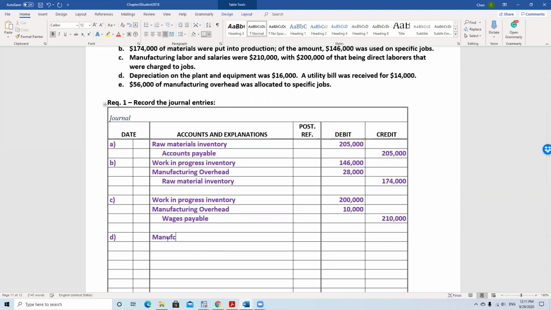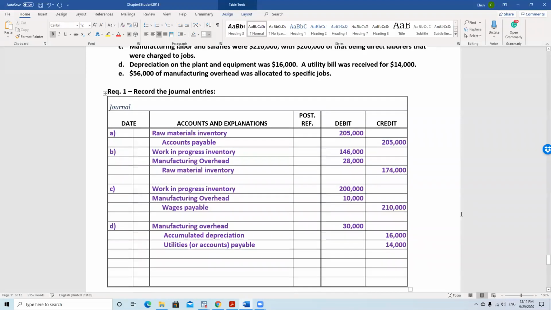So we're going to do a debit overhead, a total of 30,000, and then we're going to do a credit of accumulated depreciation of 16,000, and also utilities or accounts payable, which is 14,000. Okay, so this is D.